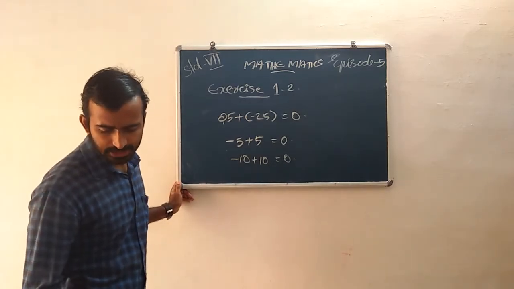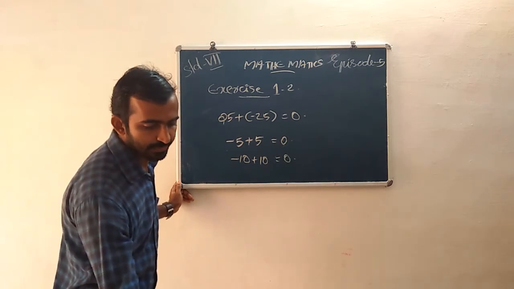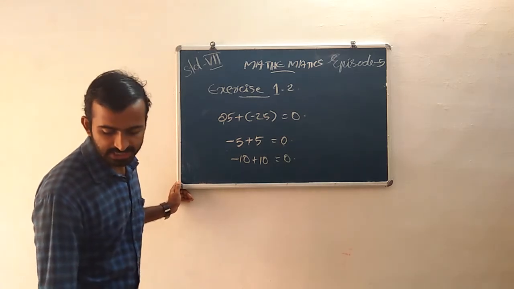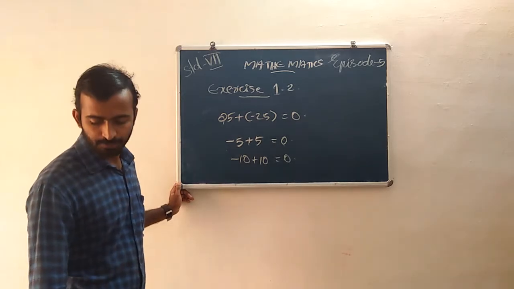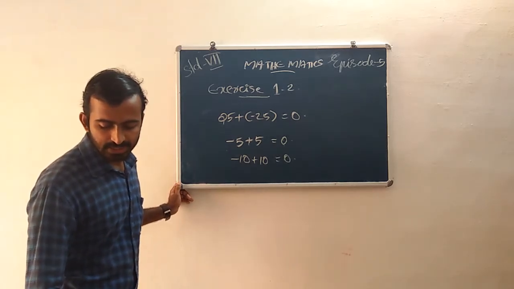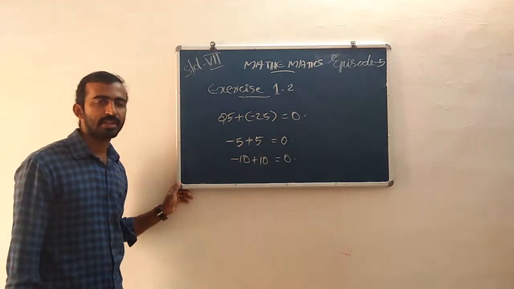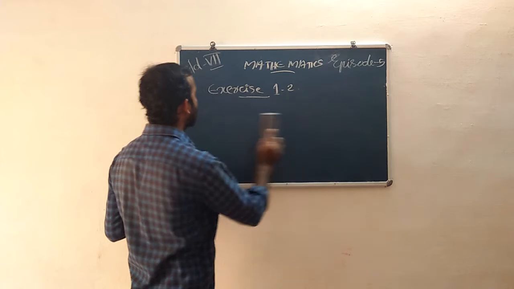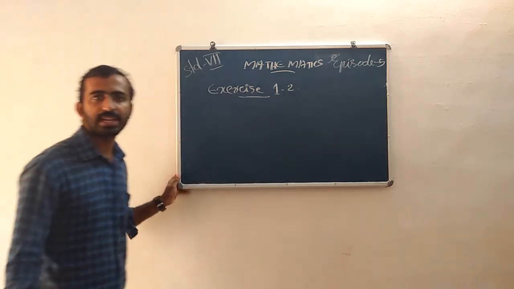And the second question is write a pair of negative integers whose difference is 8. We want to write only negative integers, a pair of negative integers.